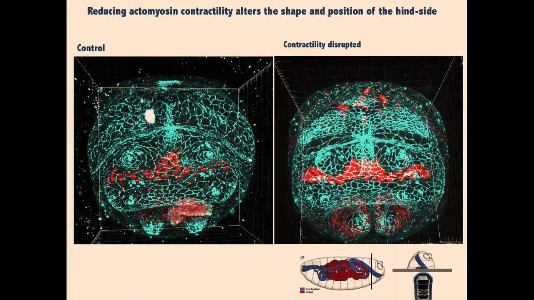But I just want to point out here, these look like two masks, two faces, but I think it's easy for you to see that the shapes of cells and their relative positions are very different in an unperturbed embryo relative to one where contractility has been disrupted. So just using this as an end stage effect to say that even just perturbing a supracellular cable can have fairly drastic effects on the final positions of cell fields within the embryo.